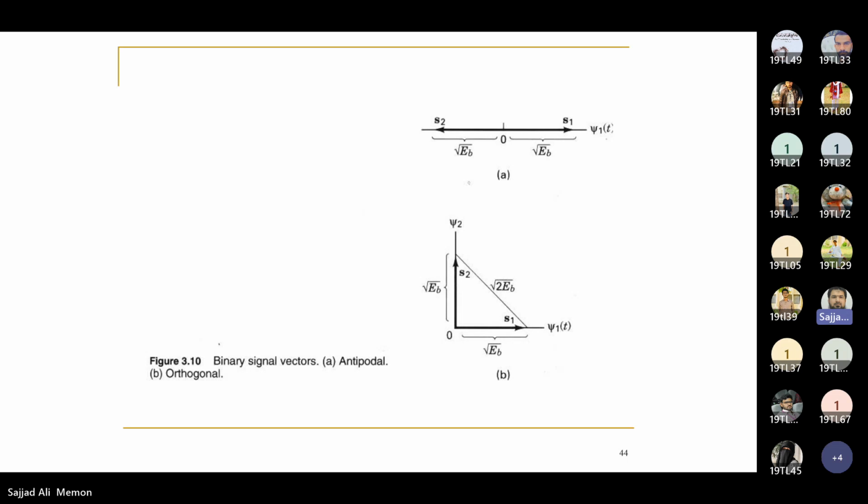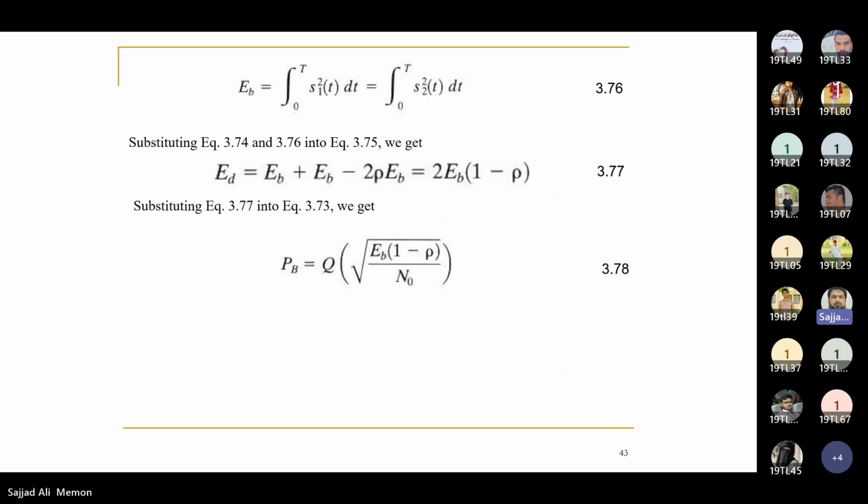So cos of 180 is equal to -1. Very good. It is -1. Now you see, so we will put -1 here.